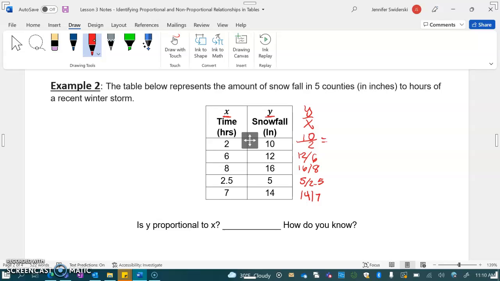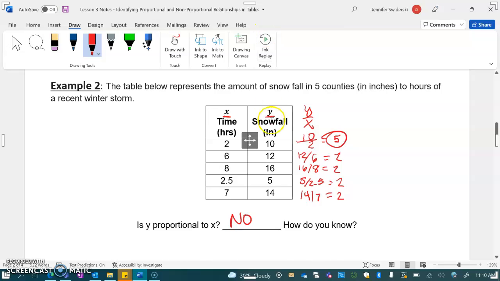Well, I need to divide these to see if they're equal. 10 divided by 2 is 5. 12 divided by 6 is 2. 16 divided by 8 is 2. 5 divided by 2.5 is 2. And 14 divided by 7 is also 2. Are those all equivalent? No. This one threw us off.